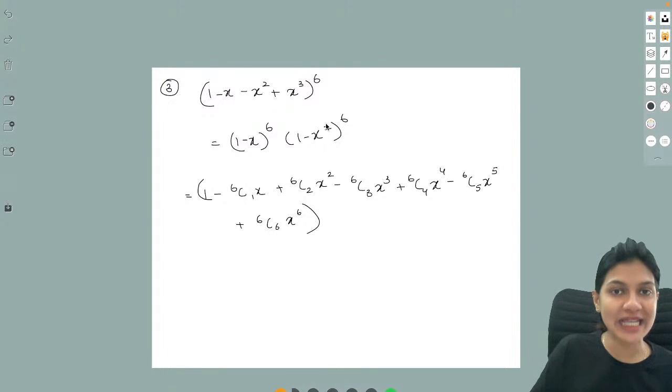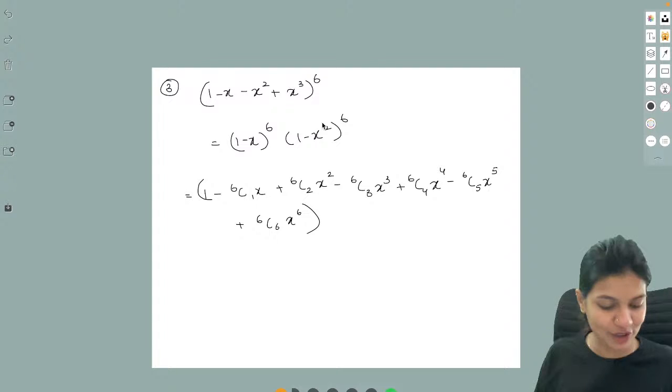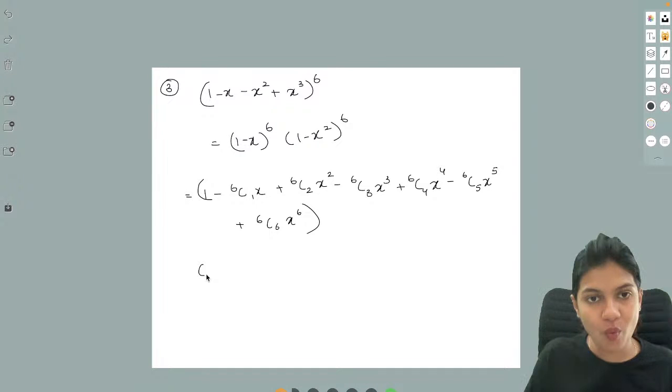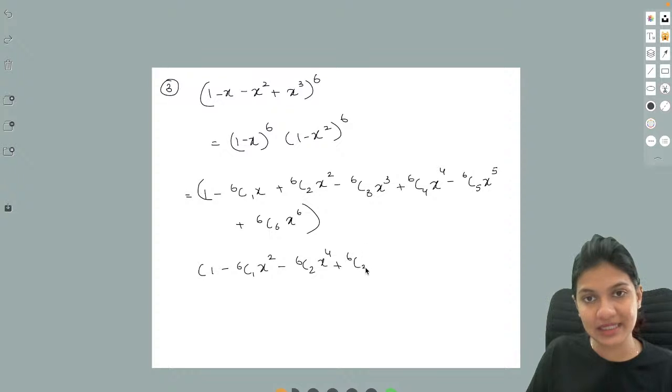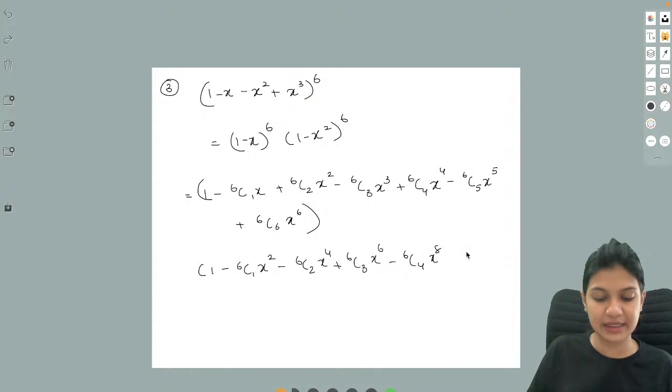Whereas for the second binomial expansion, we will have 1 minus 6c1 x square minus 6c2 x to the power 4 plus 6c3 x to the power 6 minus 6c4 x to the power 8.